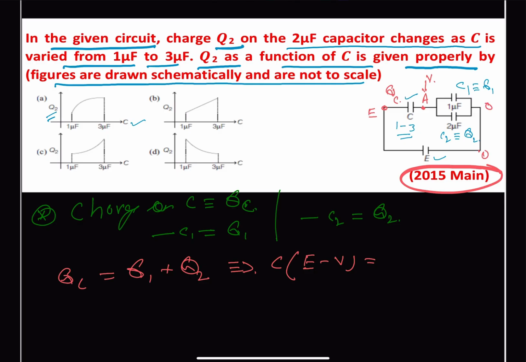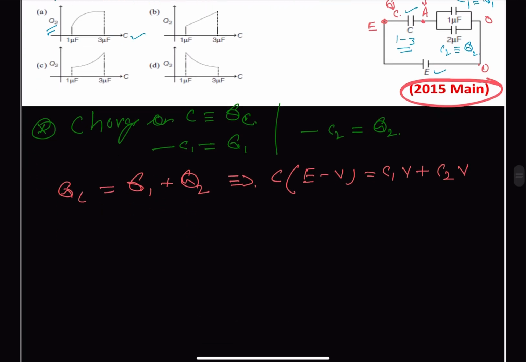So the potential across C1 will be V minus 0, and potential across C2 will also be V minus 0. Therefore we get Q1 plus Q2 equal to C1 multiplied by V plus C2 multiplied by V. Now we easily substitute the values. We know C1 and C2.